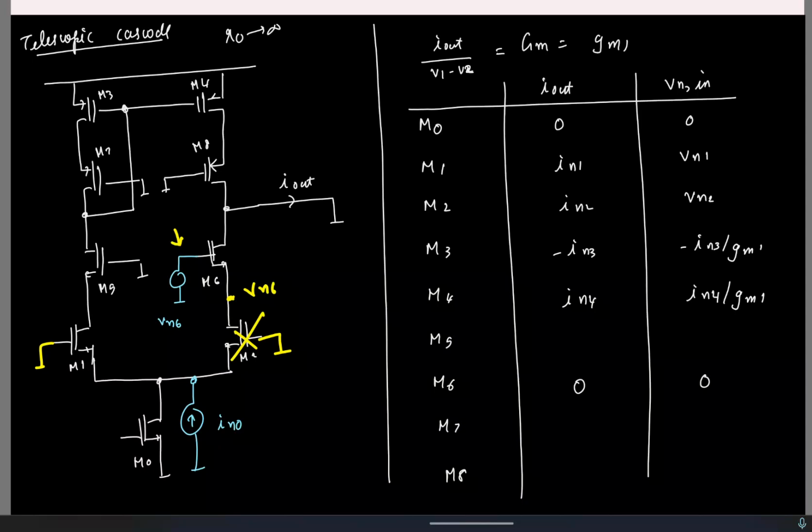Same way, if I have noise for M5, what can you say for M5? It will be same, right? This is again consistent with what we saw for the Cascode.